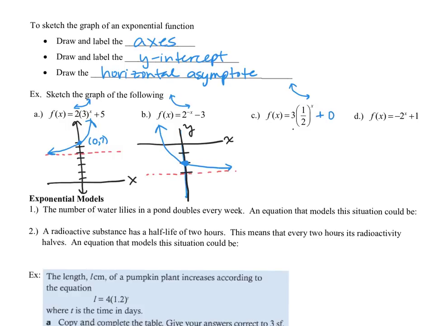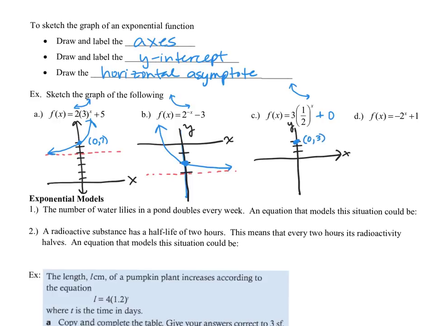See that our horizontal asymptote is the x-axis, and then the y-intercept will be at 0, 3 plus 0. 3 plus 0 is 3. So I'm going to put a y-intercept at +3. Okay, here's our y-intercept at 0, 3.